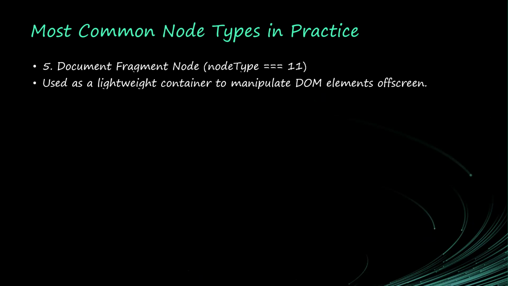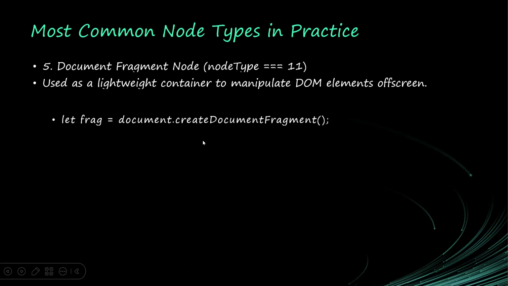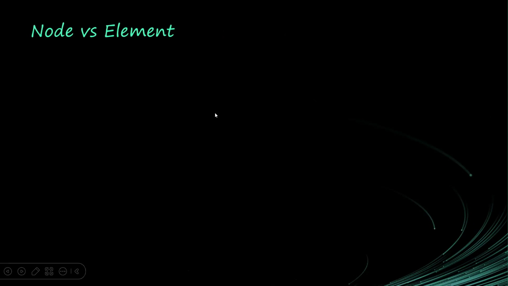When you start learning React, there's something we also call fragment in React, and when you understand this, you're going to understand that too. So the node type of this document fragment node is 11. You can create a document fragment node using the create document fragment method, but don't worry, we'll talk about all these things later on. And the node type of this one is 11.